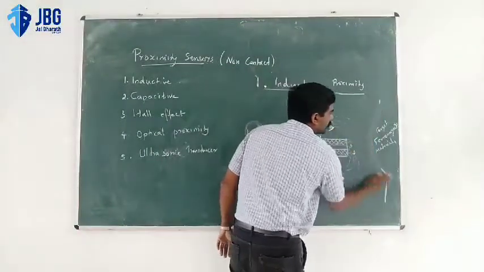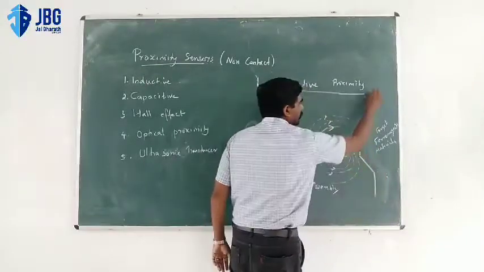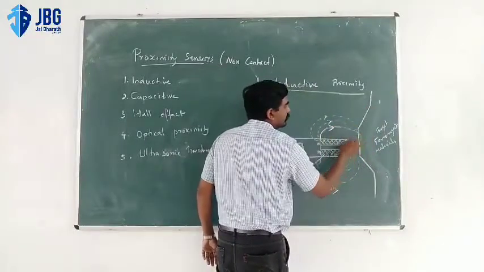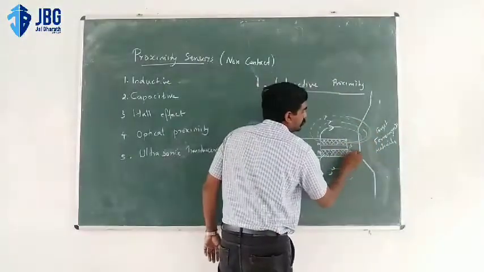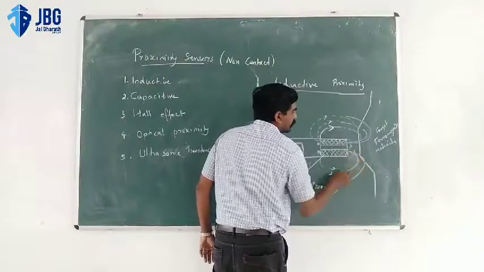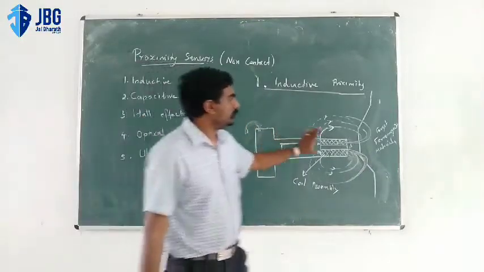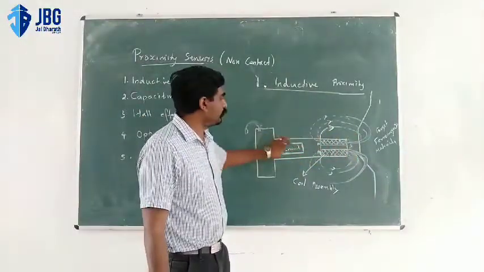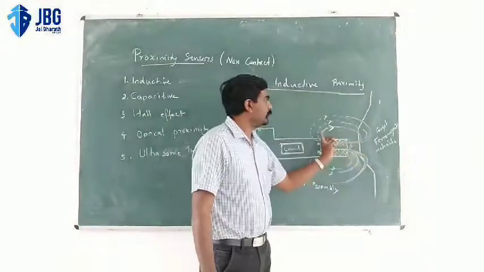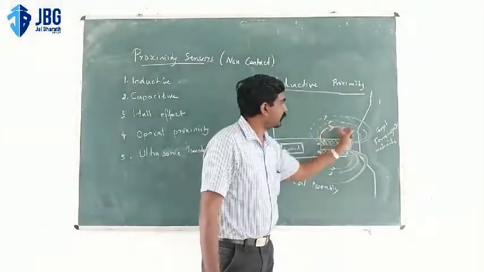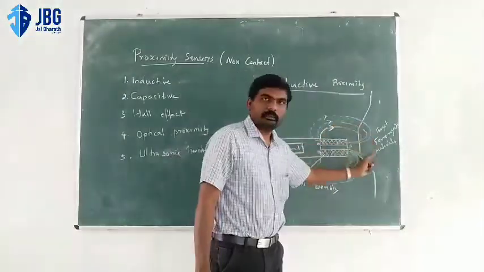When the target is close to the sensor, magnetic flux lines start to flow like this. So the entire load of the circuit becomes higher, and the flux lines start to flow into the ferromagnetic material.